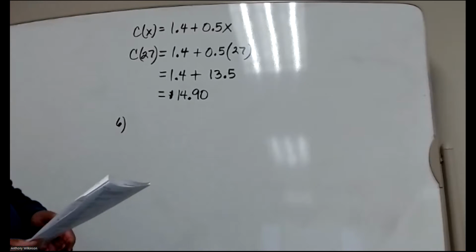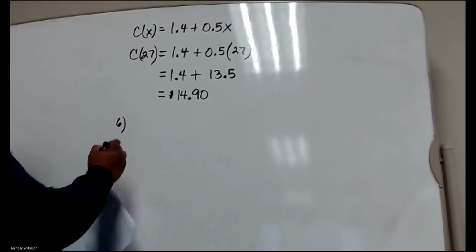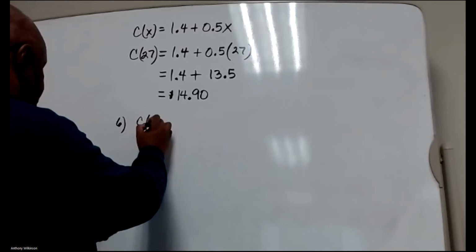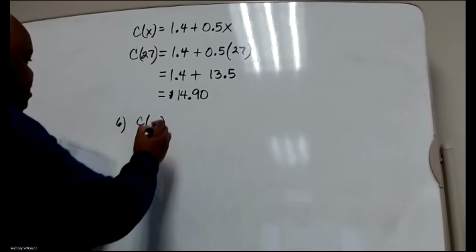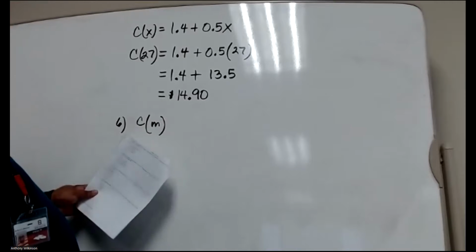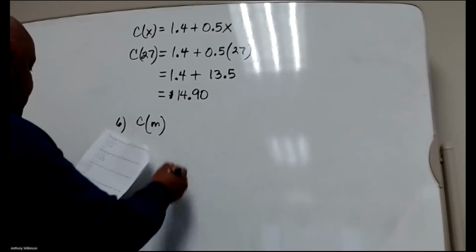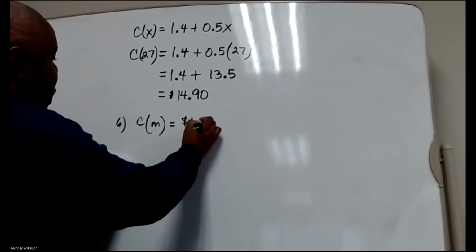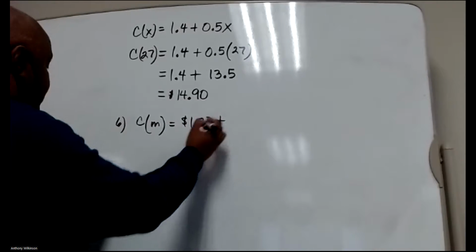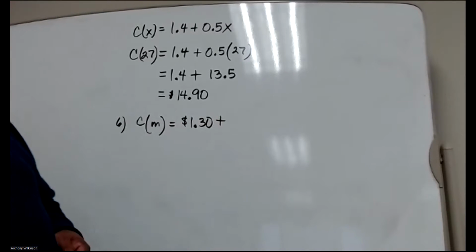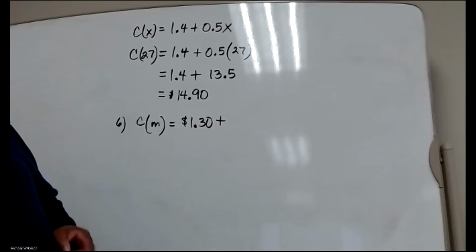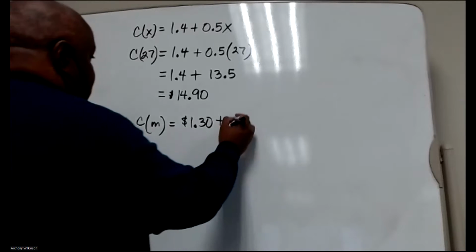All right, a long distance call costs $1.30. I'm letting M be the number of minutes and C be the cost. That's going to be $1.30 for the first minute, and then plus 20 cents for each additional minute.